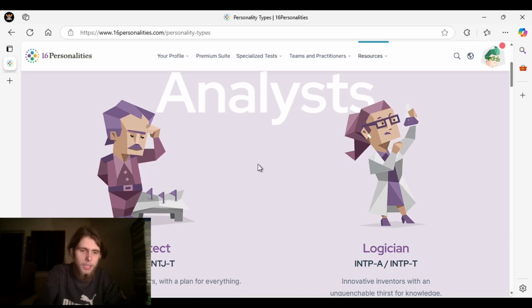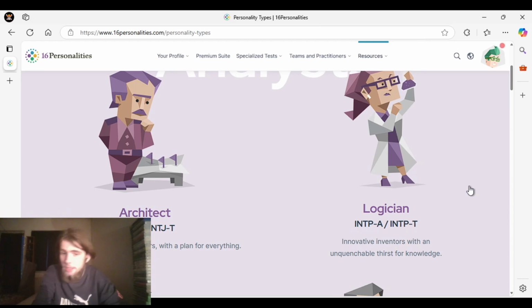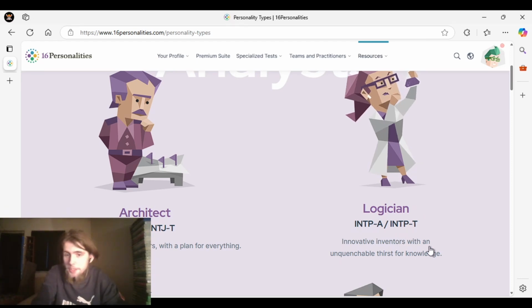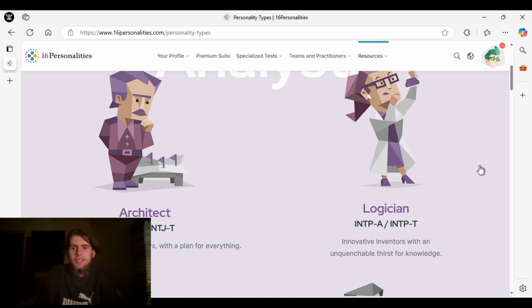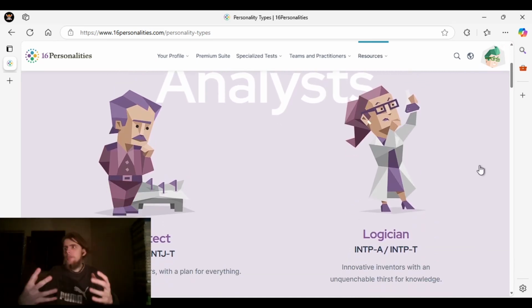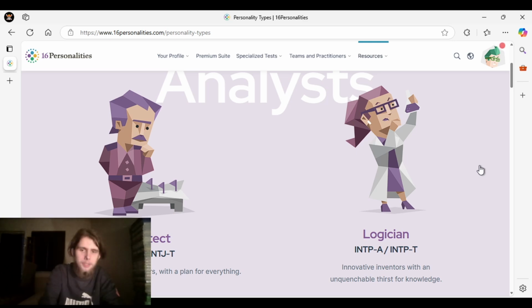That's pretty much what an INTJ is. INTP is an innovative inventor with an unquenchable thirst for knowledge. Basically, these are the types that want to learn more or less everything. They're very interested in knowledge and they want to get into that.